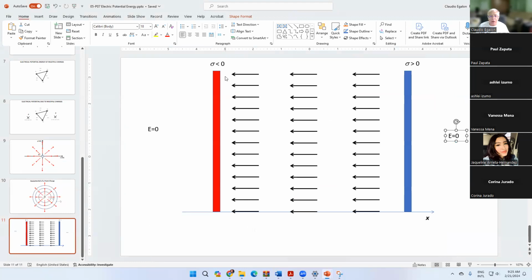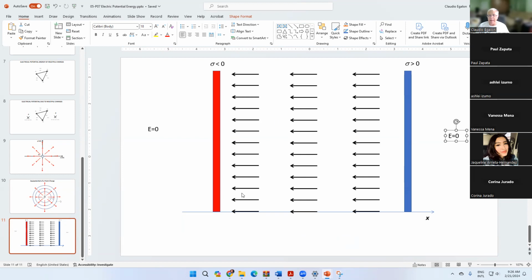And consider this one is going to be the position 0 of your x, right? Going from left to right, the potential increases. The increase in electric potential is contrary to the direction of the electric field. Okay? And the electric potential is increasing linearly.